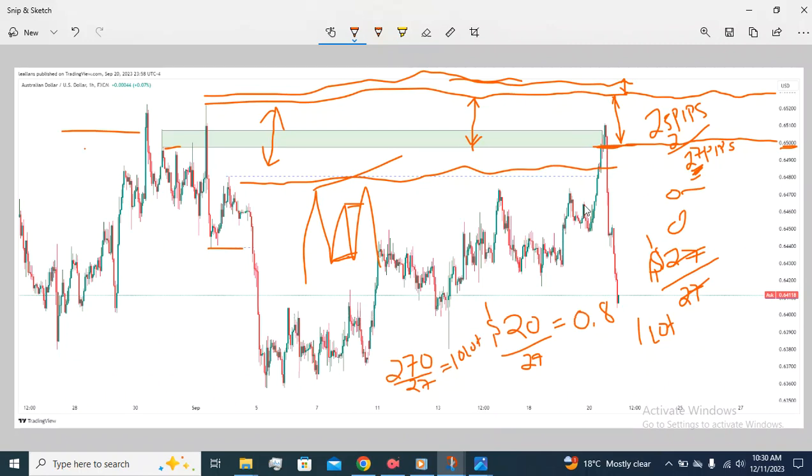It's as simple as that. You don't have to use a fixed size, because I usually set the lot size depending on the distance between my stop loss and my entry. My stop loss varies. It's not fixed. I don't use a fixed stop loss at any time in my trading journey.